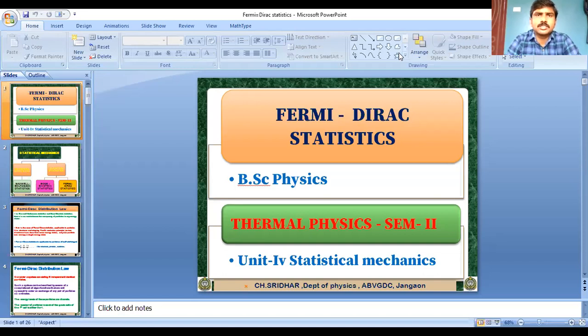So in order to discuss Fermi Dirac statistics, we have to have an idea about the quantum statistics.